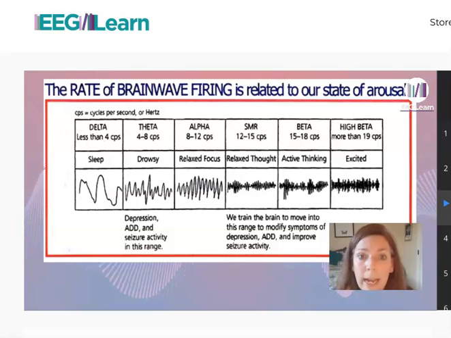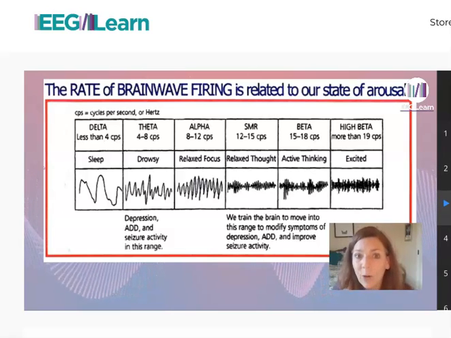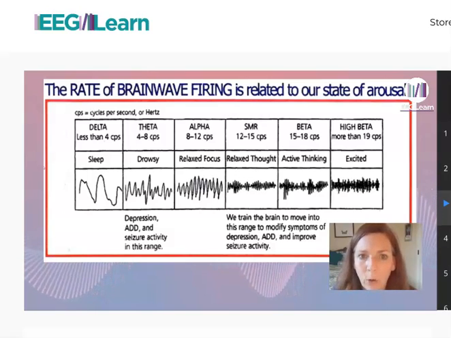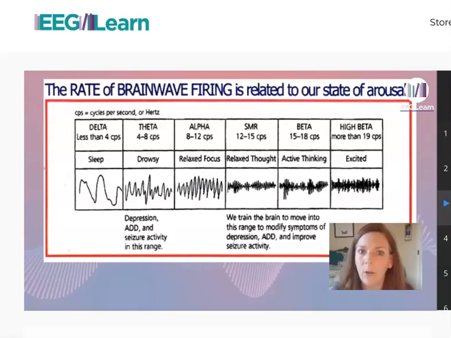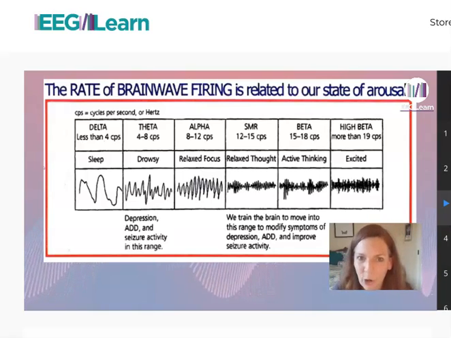So even though we say 8 to 12 is the alpha frequency range, most adults idle right around 10 hertz. And engines idle too. Some engines idle a little bit faster, some a little bit slower. Engines have their own unique idling speed, and brains do.